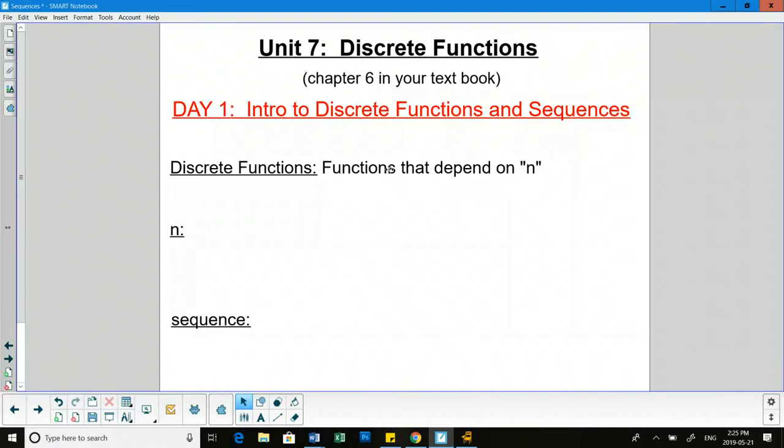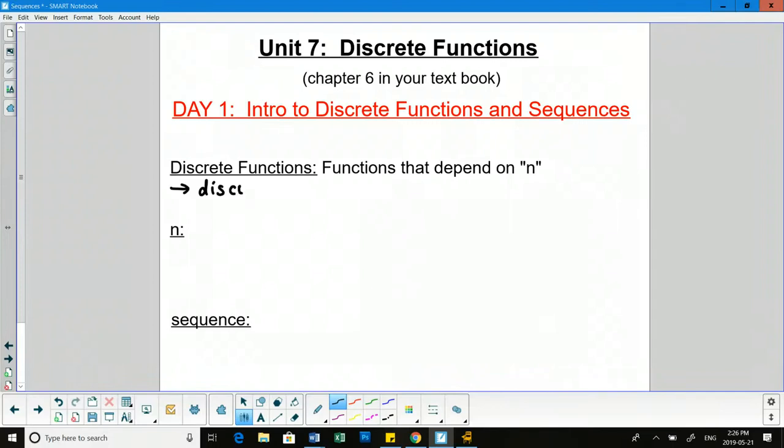But before we get there, discrete functions are typically discontinuous functions, meaning they're more like a set of points that is disconnected. So we actually don't connect all the points like we're used to when we graph a function.